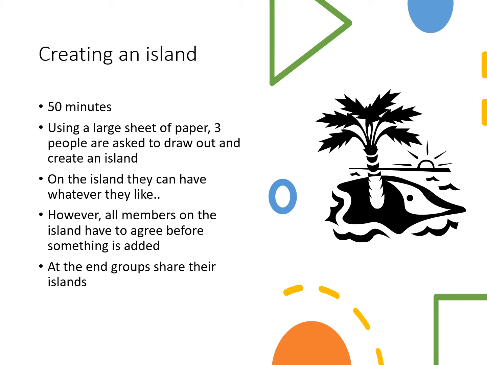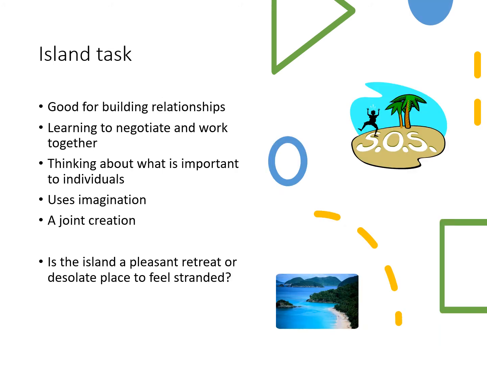And again, this is really, really powerful in terms of supporting children to develop their pro-social skills, their emotional awareness, their empathy. The fact that it's a joint creation, in essence, shows them that they can actually work creatively, imaginatively together. And also they can reflect upon and think about what's important to each of them. And it may be different.